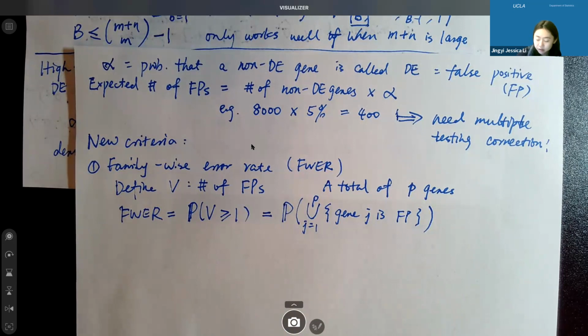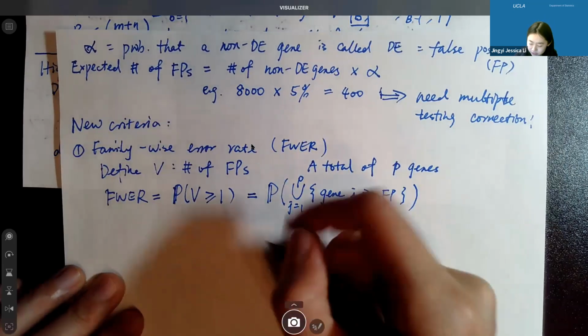And now we are going to use a very common inequality in probability. That is, the probability of the union is upper bounded, or less or equal than, the sum of the probabilities of individual events. So we're going to use that.